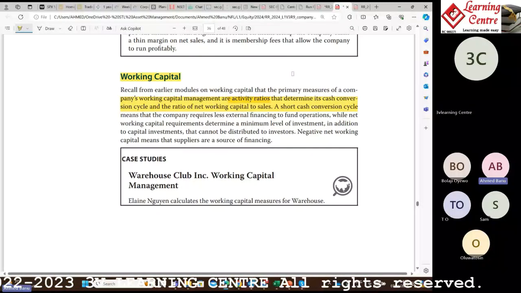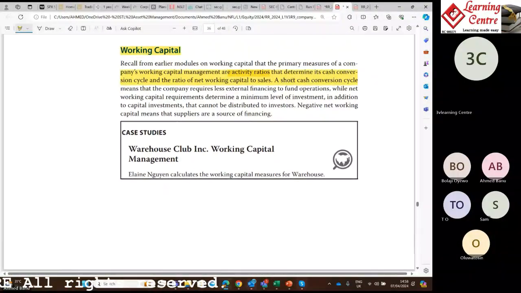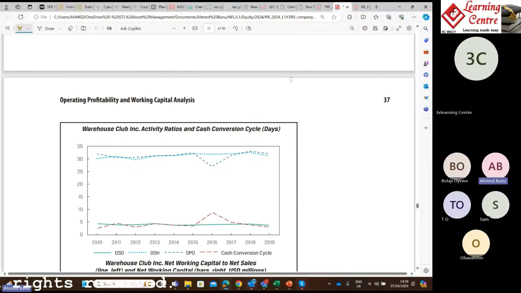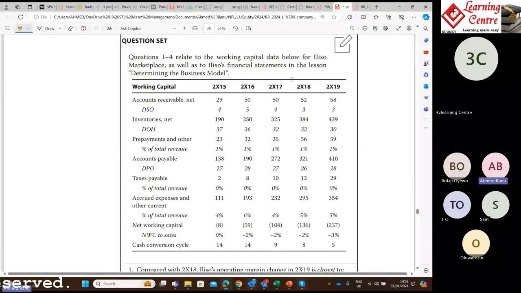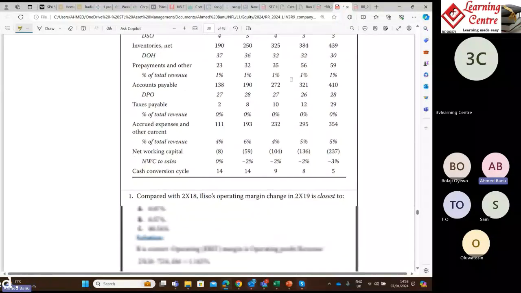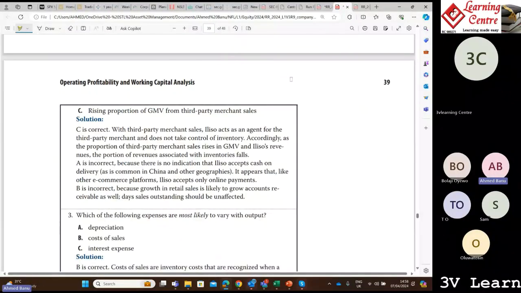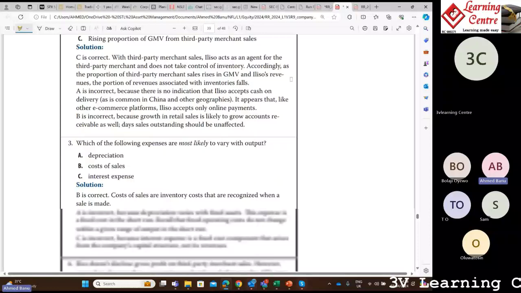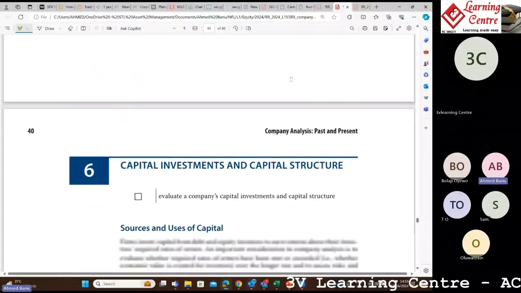Negative net working capital means that suppliers are a source of financing. You guys know all these things from FRA and corporate issuers. So you can look through this. It's an interesting one. I like the flow that the curriculum did. You can look at it in your spare time or when you're reading, but basically that's it.